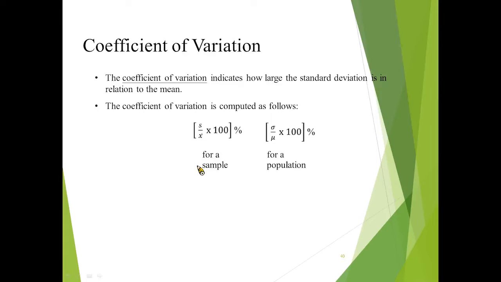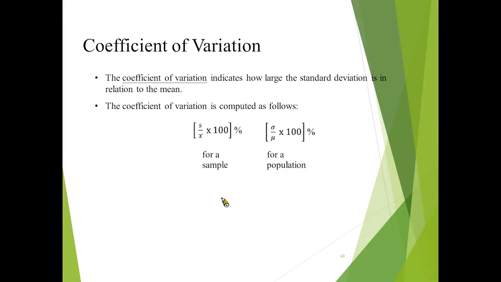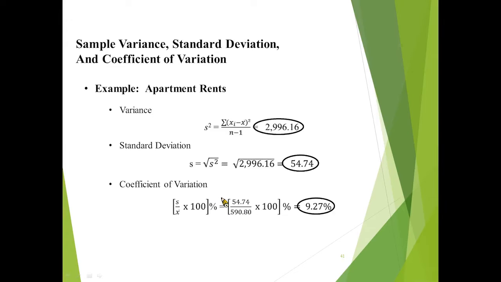We don't need to calculate by hand. We can use the computer, and I will show you how to get the numbers. So in this example, apartment rent, you can see the variance, standard deviation, and coefficient of variation.